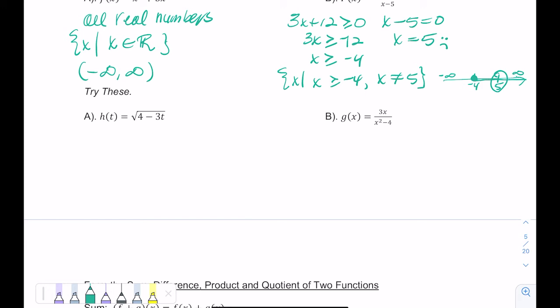It can't equal 5. So your domain would go anywhere from -4 to 5, but you can't include 5. So you put parentheses around the 5. And then you use the union symbol, and then it would be anywhere from 5 to infinity. So that's just saying, again, anything from -4, not including 5, is okay, and then anything from 5, not including 5, to infinity is good.